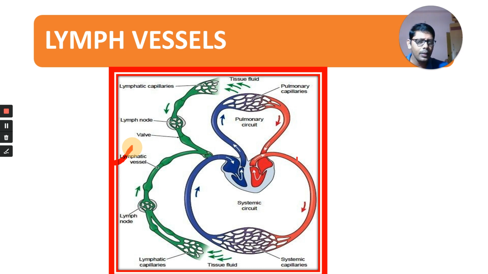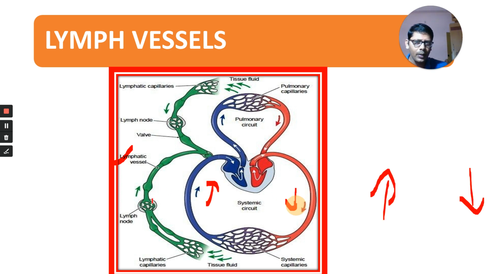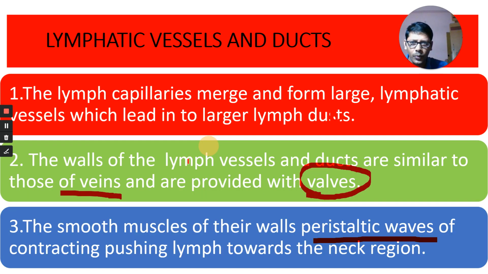Next, one more important observation you can make here. The blood is flowing in two directions. Blood is going in this direction, and in another direction, that means bidirectional. But lymph is always flowing in only one direction, not in two directions. Unidirectional flow of lymph always occurs in our body.